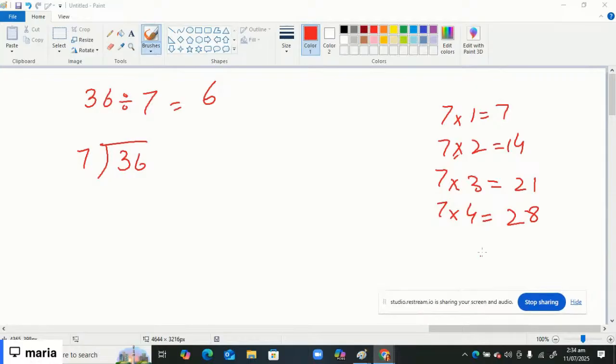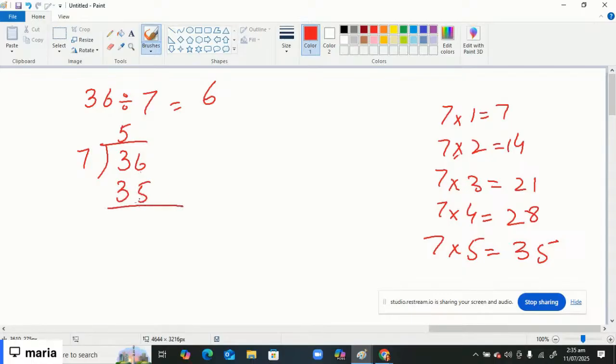And 7 times 5 is 35. So here is 36, so we are putting it here. 7 times 5 is 35.